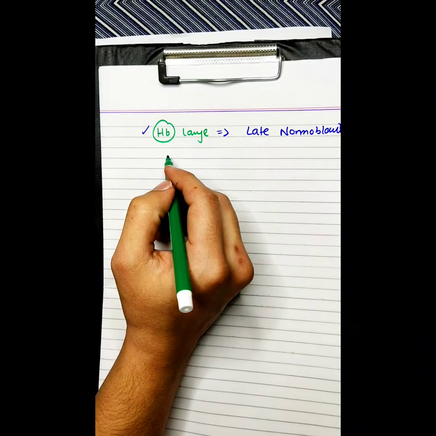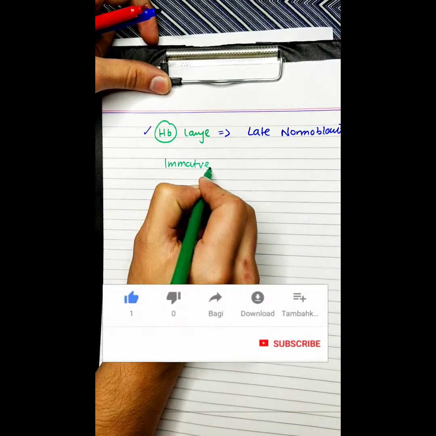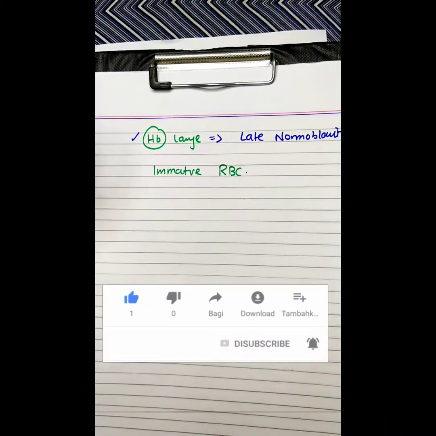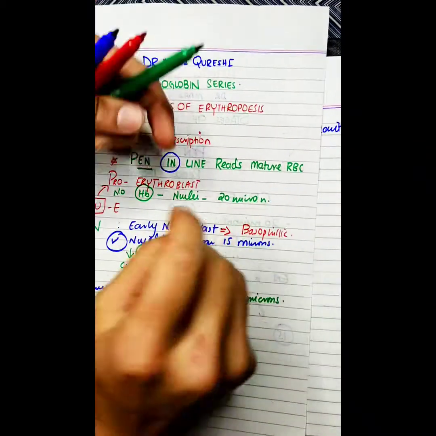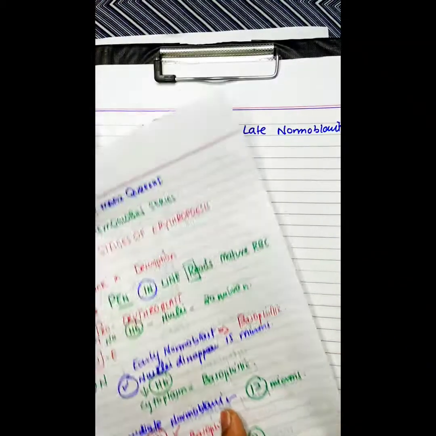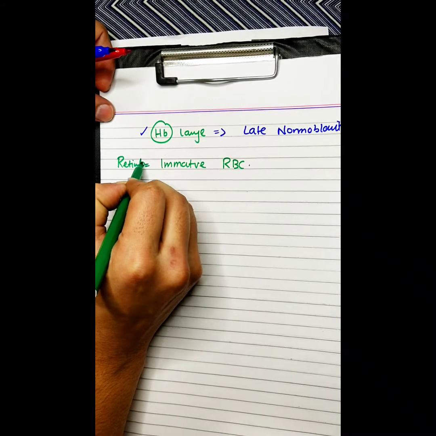Now comes the important part, the immature RBC part. The mnemonic was pen in line reads mature RBC. So R for reticulocyte. Immature RBC is basically your reticulocyte.